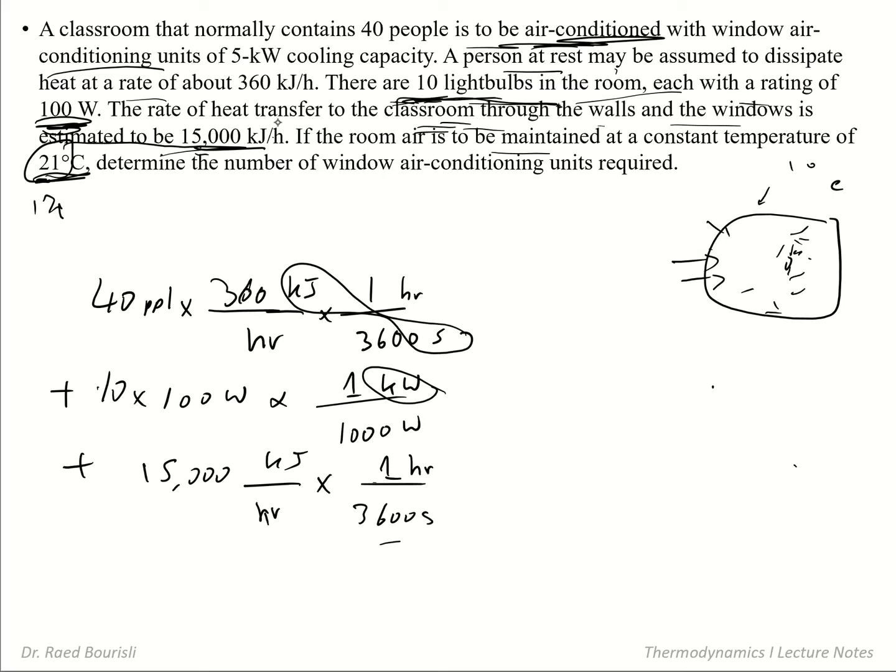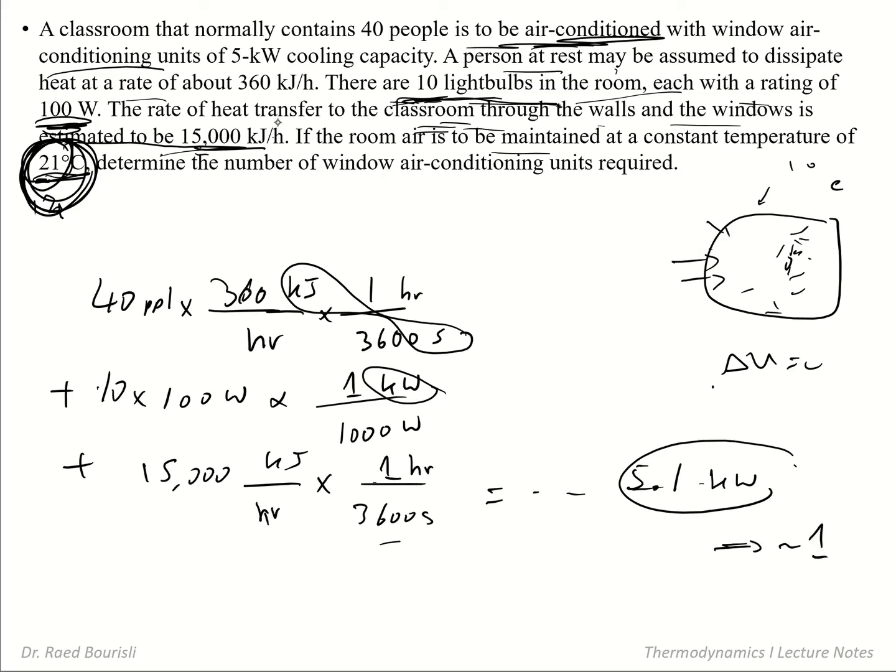So when all of this is said and done, it's important that this is constant, so you want delta U to be 0. This will give you, for example, 5.1 kilowatts, then you'll say I need almost 1. Only 1, it's fine, we neglect. If it's 6.9, it's middle of the road, I would get 2.